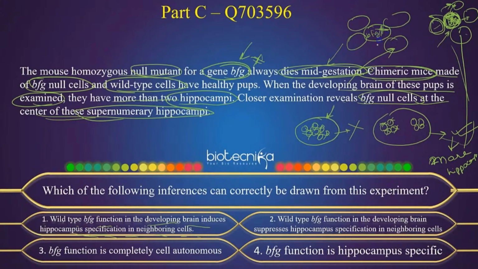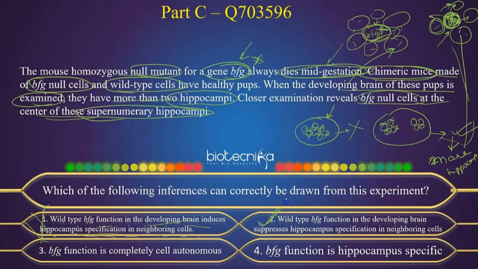So if BFG function was to induce the hippocampus, how can you find so many hippocampus around a BFG null cell? If BFG is not there, then hippocampus should also not be there. But you are seeing that even if BFG is not there, hippocampus is present in a lot of amounts, isn't it? So this option cannot be correct.